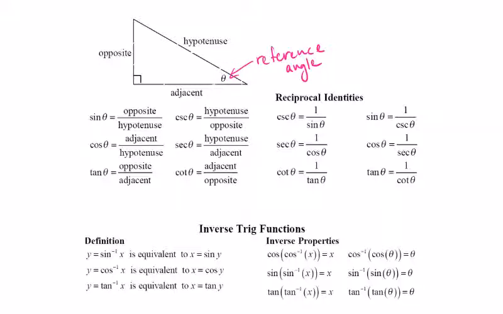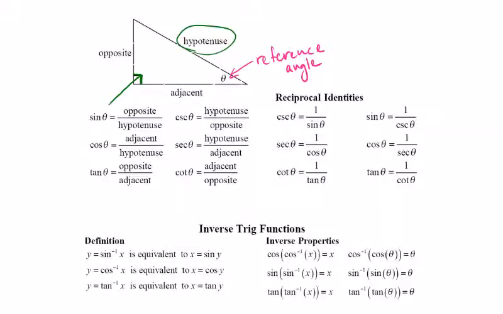If you have this reference angle here, then you can label the three sides in relation to that reference angle. The hypotenuse is always across from the right angle. If you make an arrow with the right angle symbol, that'll point to the hypotenuse.